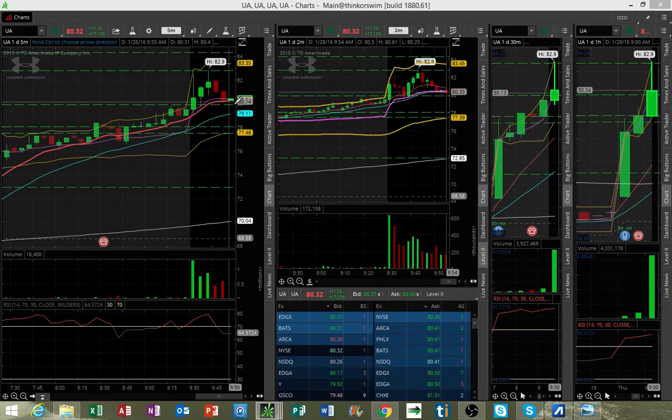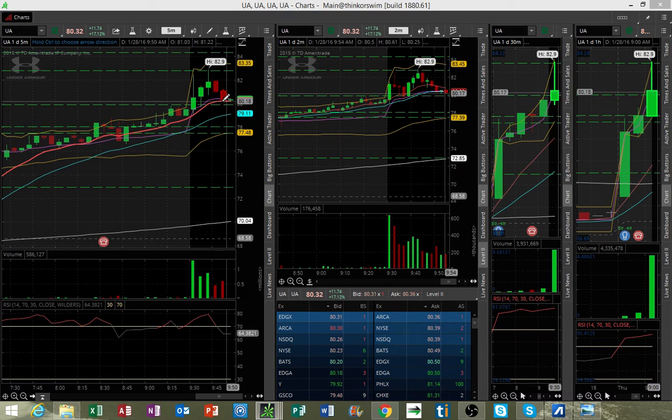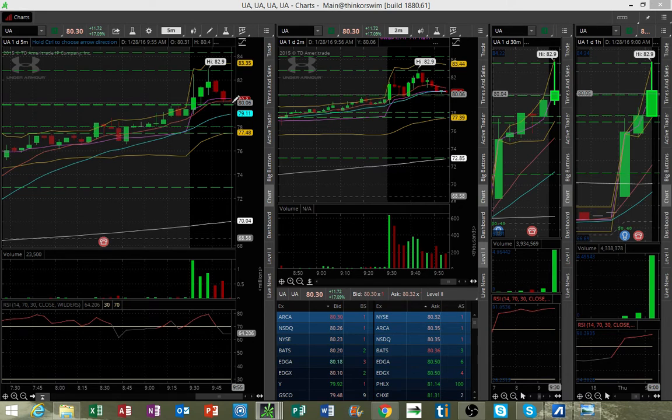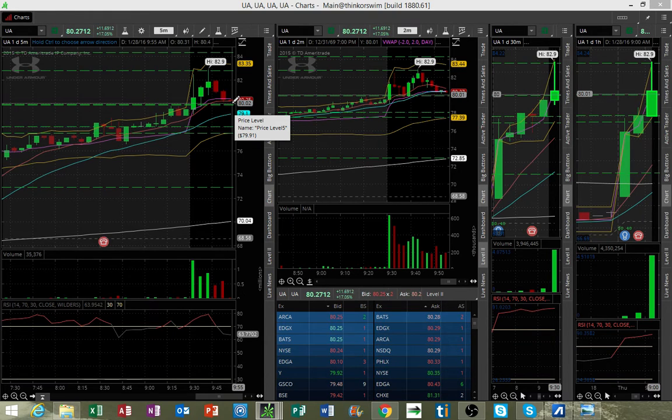So right now, I said that if this candle closed below the 9 and this candle started printing red, I'm going to go ahead and add back so that I'm in at least half position. So I went ahead and added back here.